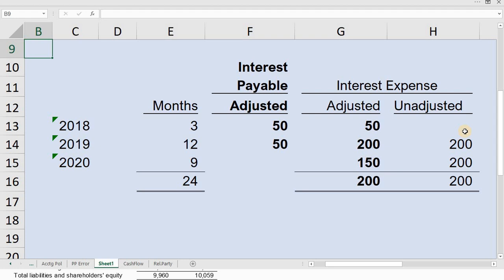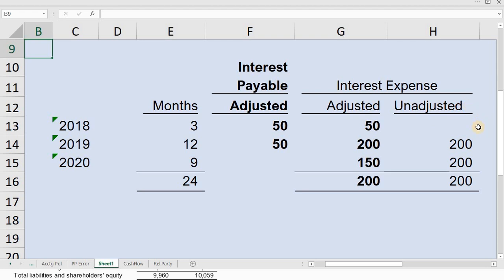So the total interest payment in 2019 is 200 and another 200 in 2020. So that is for April 1 and October 1, 2020. However, there was no interest expense recorded in 2018 because there were no payments in 2018.